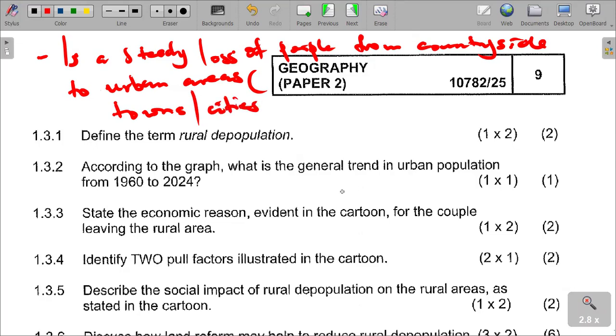So we are saying there is a decrease in population that is taking place. A decrease in what?